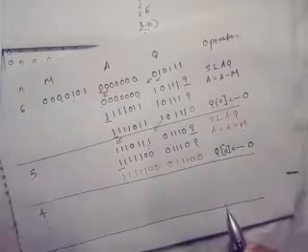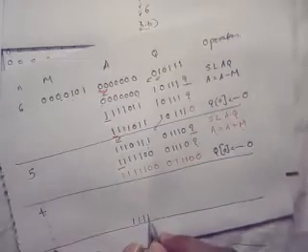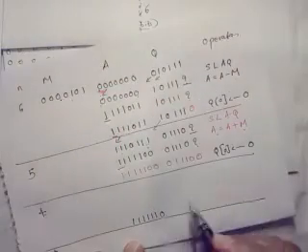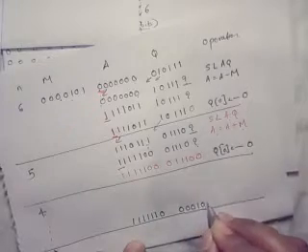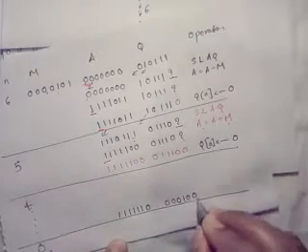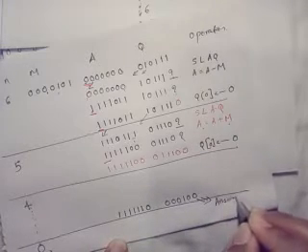So the last value I am going to get is like this: 6 ones and 0 in A, Q: 3 zeros, 1, 0, 0. This is the step I am going to get at last, just before n equals 0. So this is my quotient or my final answer.